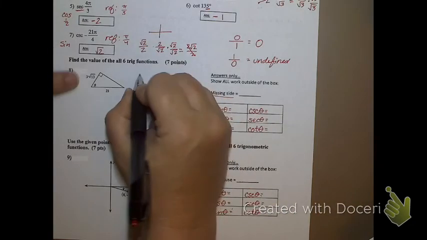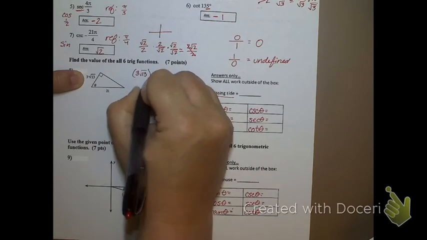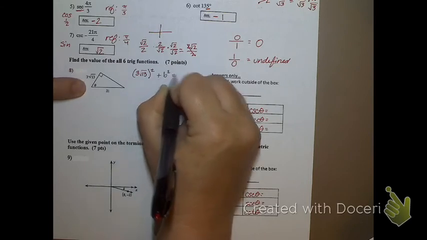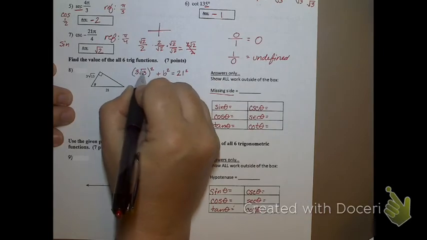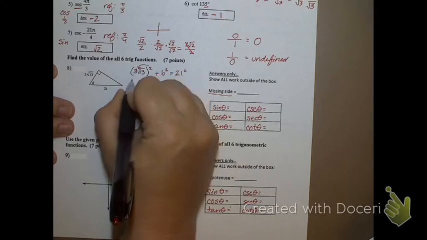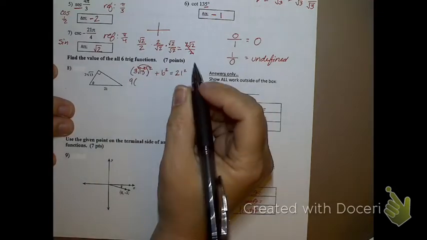Pythagorean Theorem. So 3 radical 13 squared plus whatever that other side squared is 21 squared. Well, let's see. 3 radical 13 squared. I have to square both the 3, that gives me 9, and the radical 13. What's radical 13 squared?